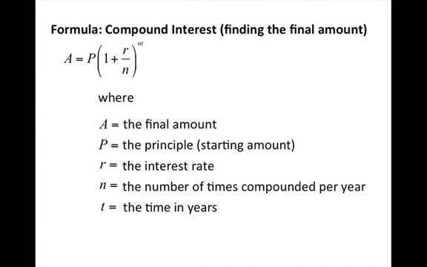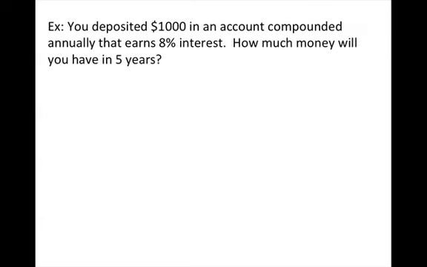So let's look at another example. Suppose I deposited $1,000 in an account compounded annually, and it earns 8% interest. How much money will you have in 5 years? So if I was doing this by hand, I would calculate the interest for 1 year, add that to the principal, and use that as my new principal.